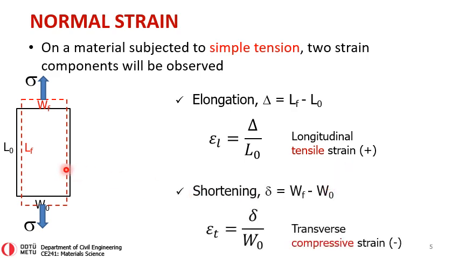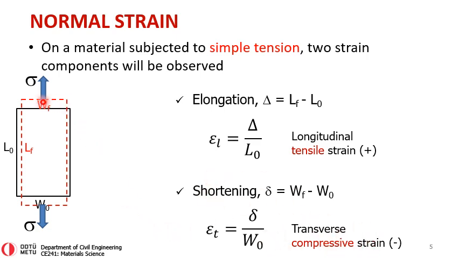And in the transverse direction, shortening will take place, and that will be calculated as delta, which is WF minus W0. So you can immediately imagine that this is going to be a minus, and dividing that by W0, you will be calculating an epsilon T, which is called transverse strain, and that minus sign indicates that it's a compressive strain.